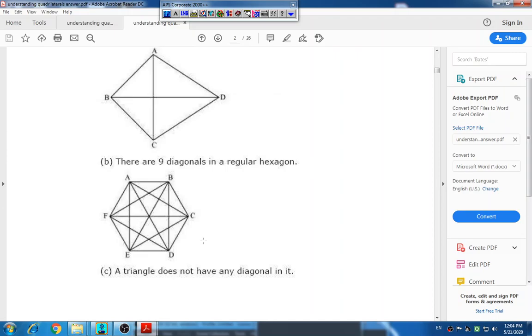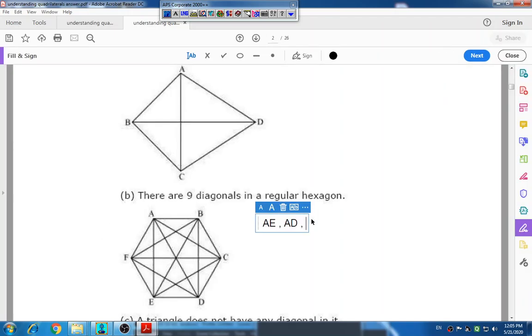Now what about the regular hexagon? Look at your hexagon, that means 6 vertices A, B, C, D, E, F. How many diagonals does this hexagon have? Look at here. I am going to write here some names of diagonals. From point A we get AE, AD, AC.